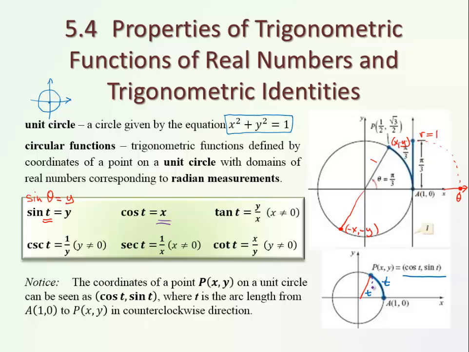So if I project this point here, this distance will represent the value of cosine t, and sine t is equal to y. So that vertical distance represents sine t. So this is x, this is y. Therefore, the coordinates of the point P can be expressed in terms of cosine t, which is our x, and sine t, which is our y.